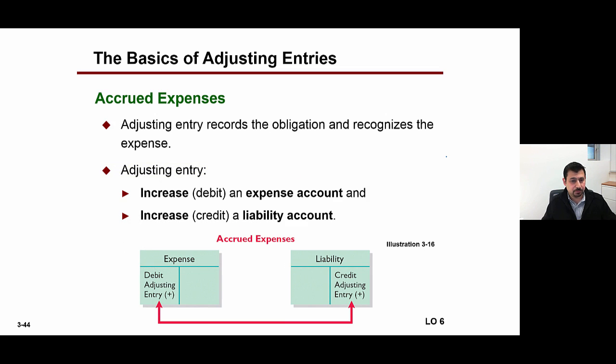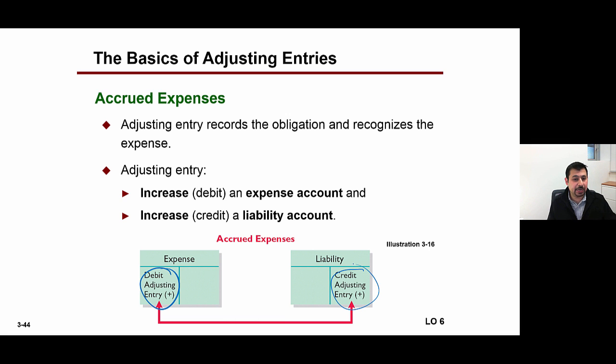So in order to record this obligation and to recognize the expense, the company increases the expenses. As a result, they debit the expense. Remember, we debit the expense to increase it, and we credit the liability to increase it.